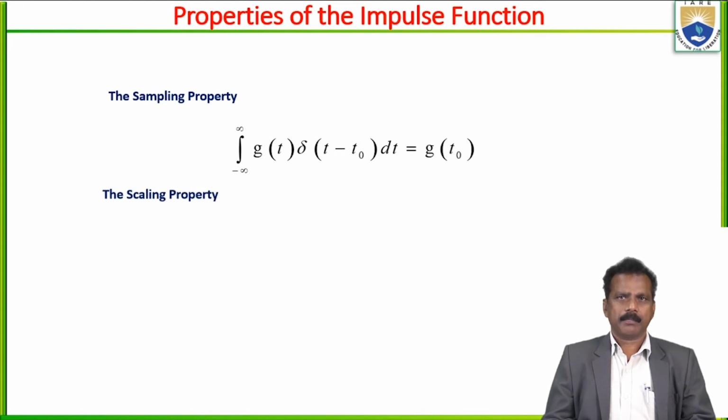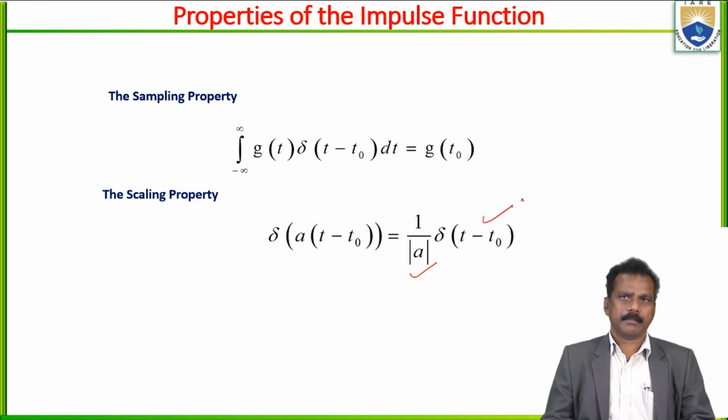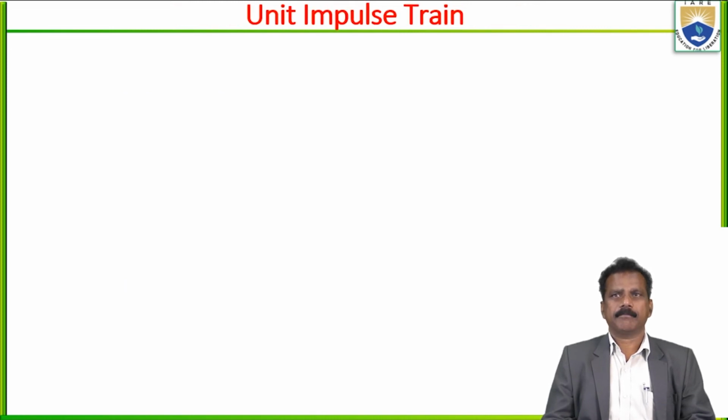The scaling property: delta of a times (t minus t naught) is equal to 1 by mod a times delta of t minus t naught. Now the replication property: g of t convolved with delta of t is equal to g of t.